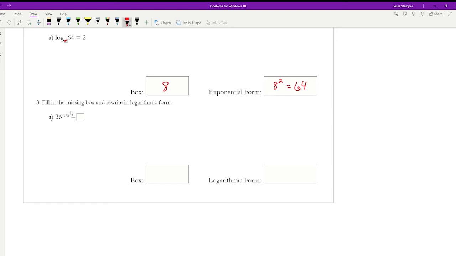I'm asking what number times itself gives me 36. Well, if you look on your perfect squares list, that's a 6. However, it's a negative. That negative exponent says that whatever number I pick has to be the reciprocal position, which is in the denominator. So the answer is actually 1/6.